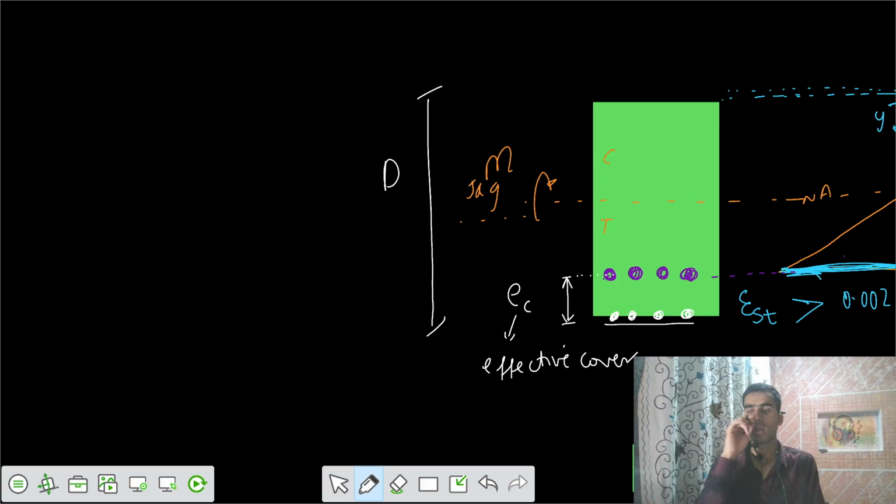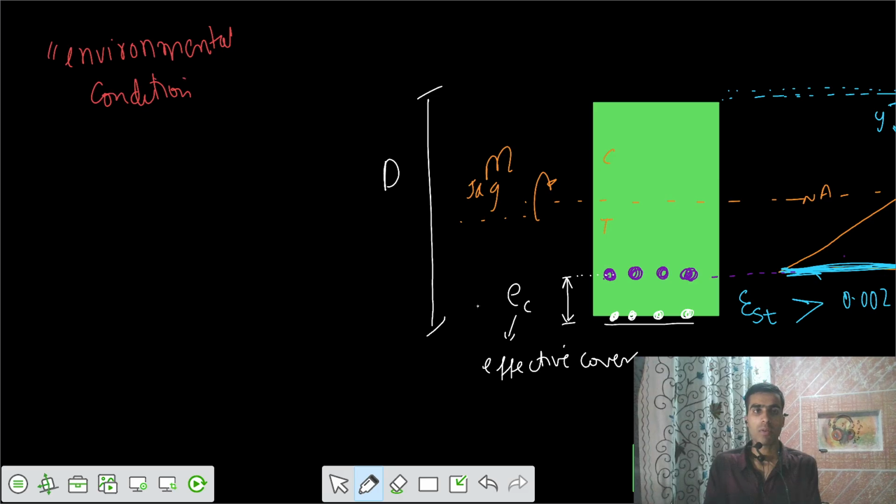So we have to ensure the safety of our costliest material of the section. So let's say, because of environmental conditions, and one more thing, we want the steel bar to have a good bond with the concrete.